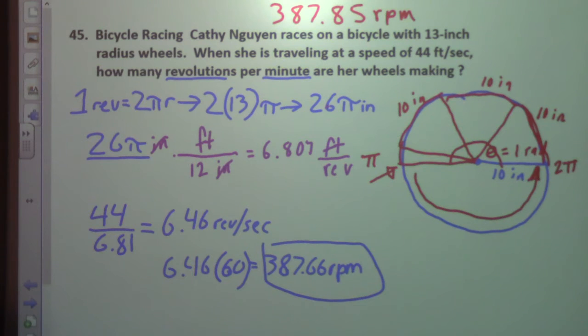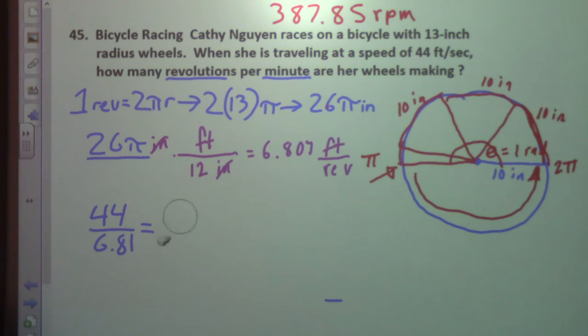Okay, and I'm going to do the same thing Ben did, but just rewrite it with more explanation filled in. That's all I'm going to do. So he starts out here with 44, and that's going to be the units of feet per second. So we want to go to what units here? Revolutions per minute. So what do we have to do with this seconds?